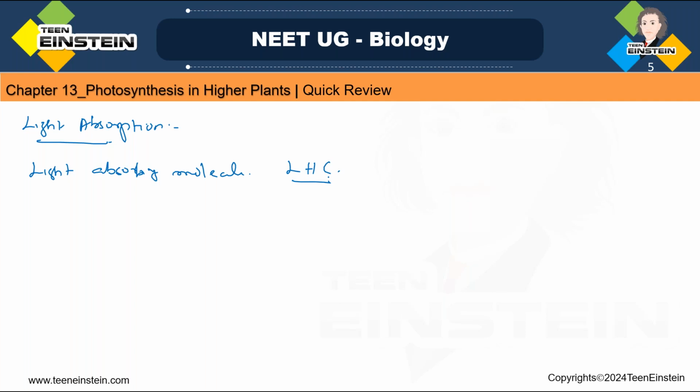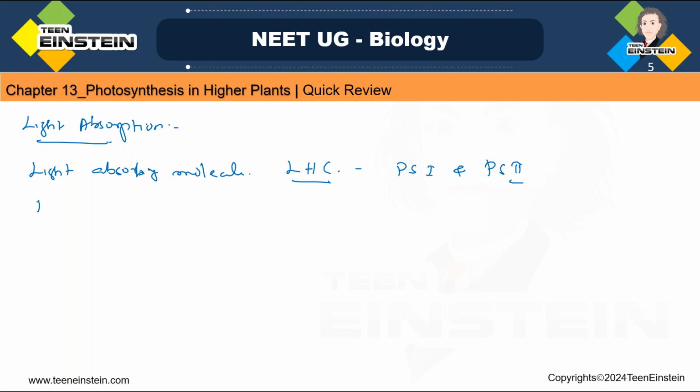In short form we can write as LHC. So these light harvesting complexes are organized into photosystem 1 and photosystem 2, PS1 and PS2. Okay, so photosystem 1 or pigment system 1, that also we can call photosystem 1 and photosystem 2. In this, these light harvesting complexes are organized.